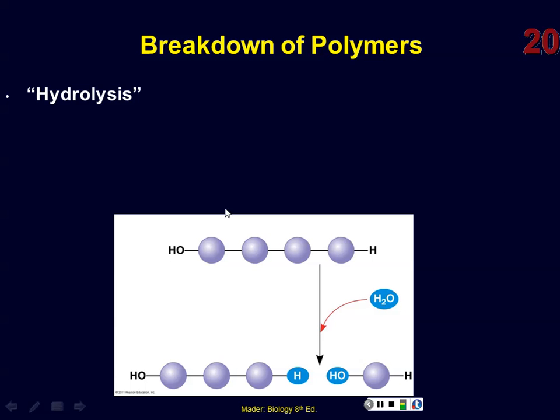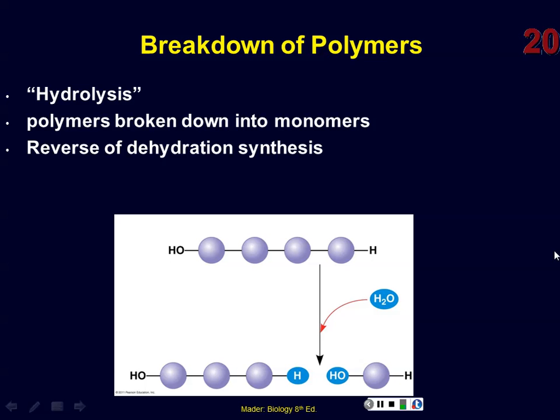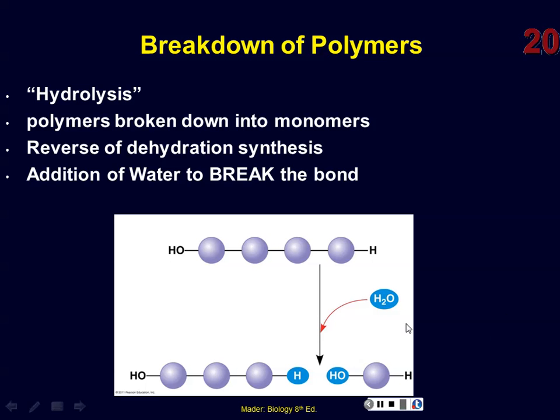I'm going to take this polymer right here and break it down into the individual monomers by using water. It's the reverse of dehydration synthesis. The water is used to break that bond. The water splits, the H goes here, the OH goes there, and I've now broken a monomer from the polymer.